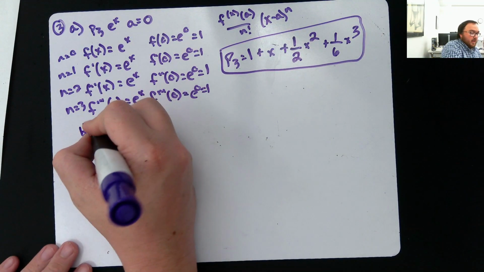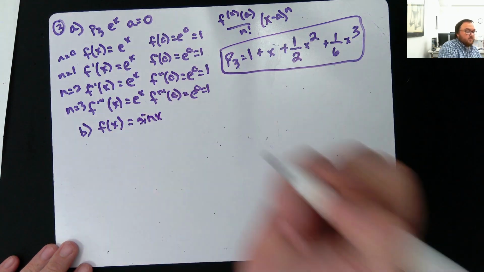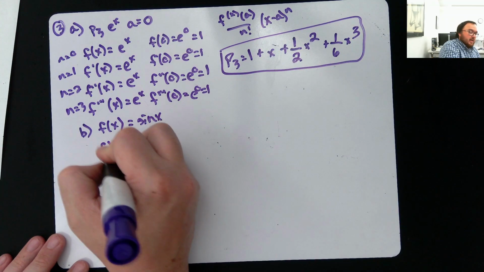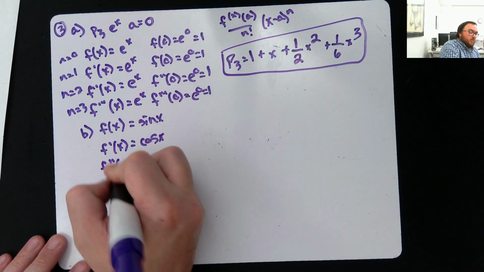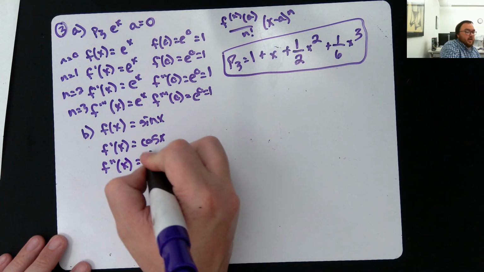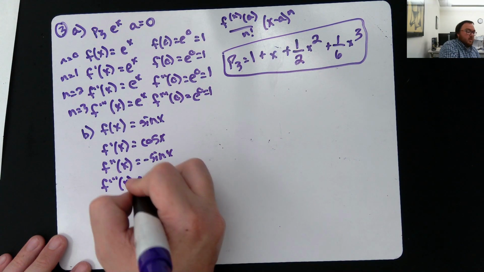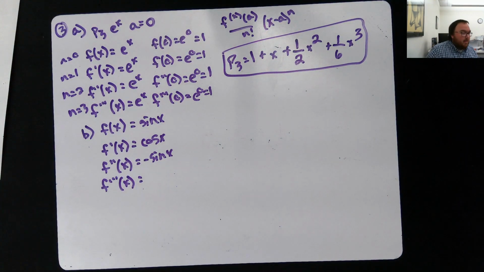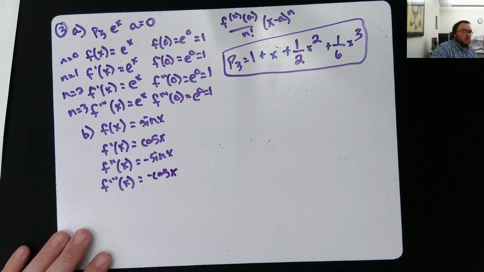Next, let's do the same thing for the function sine of x. Well, the derivative of sine is cosine. The second derivative is the derivative of cosine, which is negative sine. The third derivative is the derivative of negative sine, which is negative cosine.